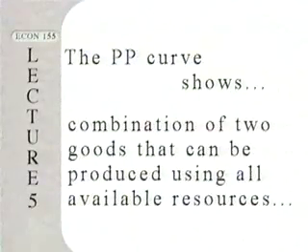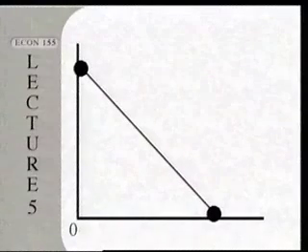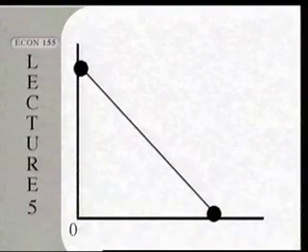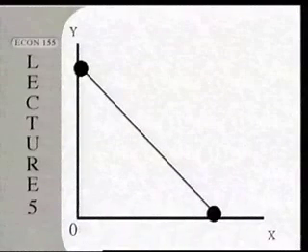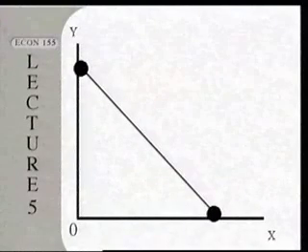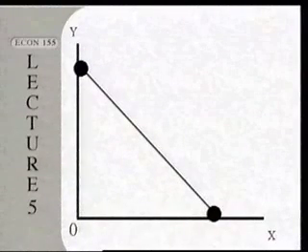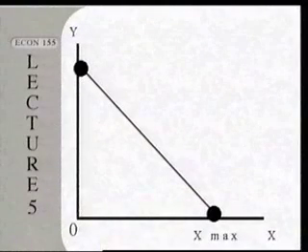But let me draw you a graph, I think it's just the graph that we had up here before. I drew a straight line like this. Good X, and good Y. We're talking about units of good X and Y. And the point I made is this: if we use all available resources and produce only good X, we'll produce X max. Yeah, that could be like a new store chain, couldn't it?